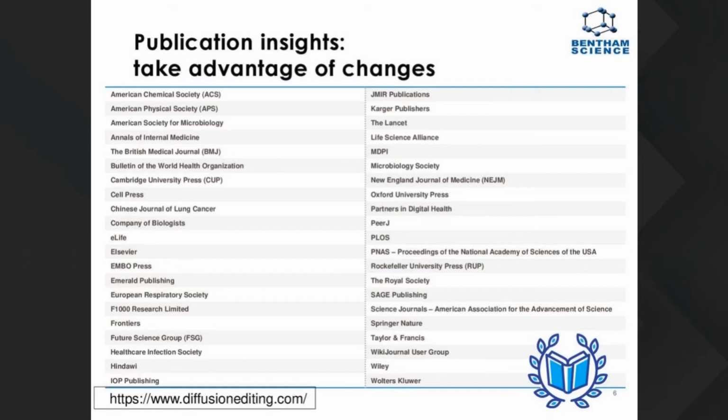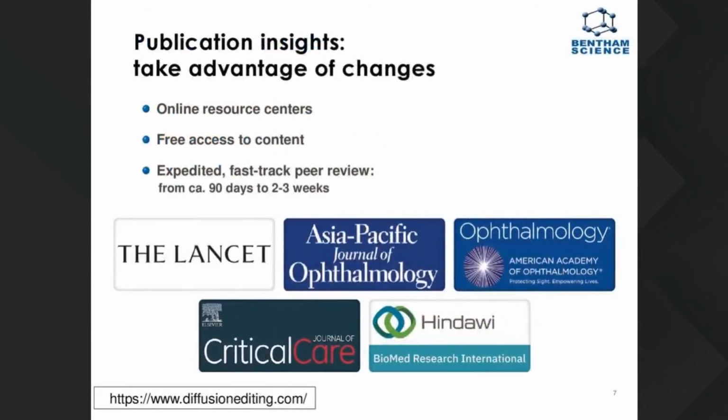And let me advise you that Bentham Science publishers are one of the leading open access publishers out there at the moment. So we are able to give you online resources, give you access to content, and provide you with expedited fast track peer review. In certain areas, this is certainly important if you are targeting your work to particular journals.